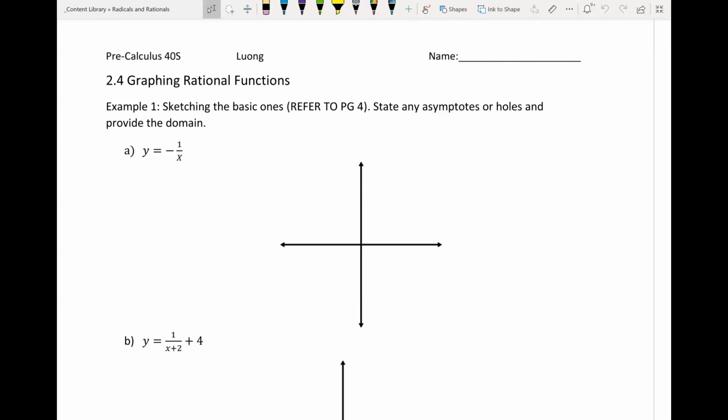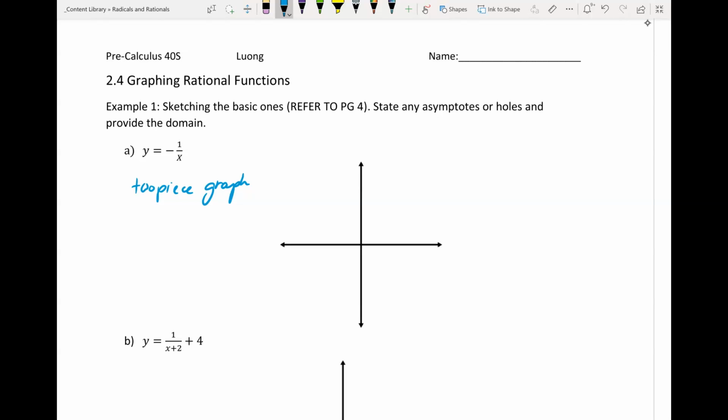Okay, so for our first example, this format looks like the two-piece graph because we have 1 over x. So this is a two-piece graph. The only difference between this graph and the other one on page 4 is that there's a negative in the front.